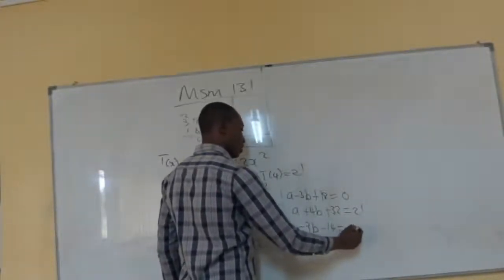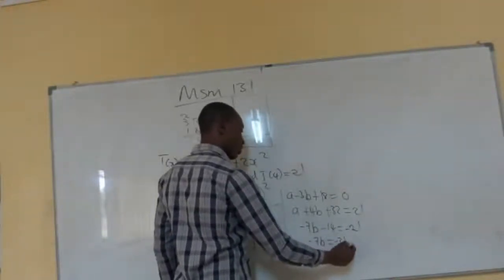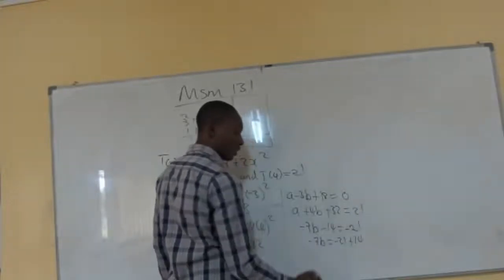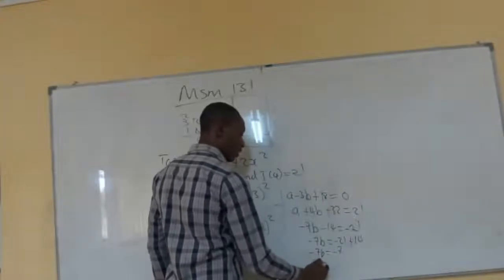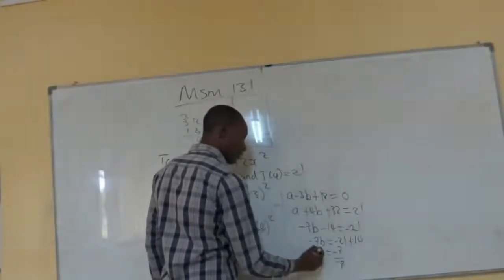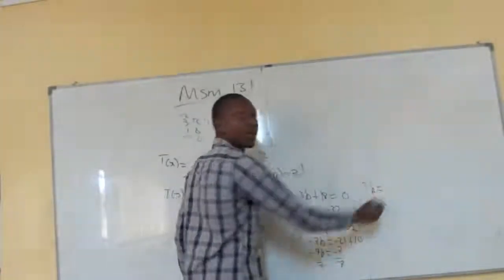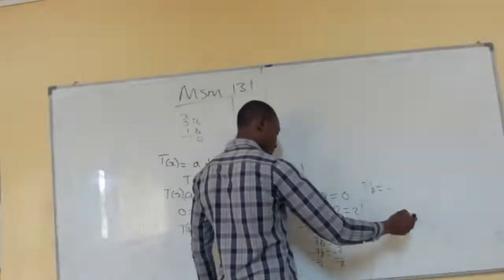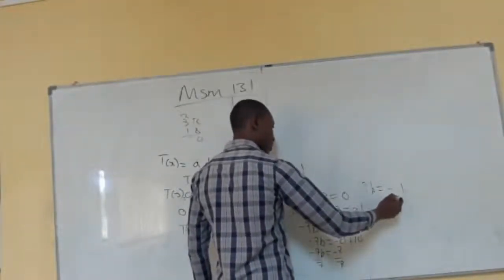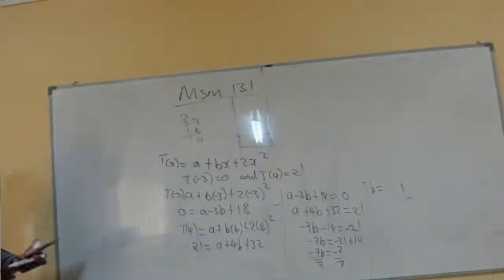And 0 minus 21 is negative 21. Negative 7B is equal to negative 21 plus 14, so negative 7B is equal to negative 7. Dividing by negative 7, B is equal to positive 1. Okay, so basically that's the value of B.